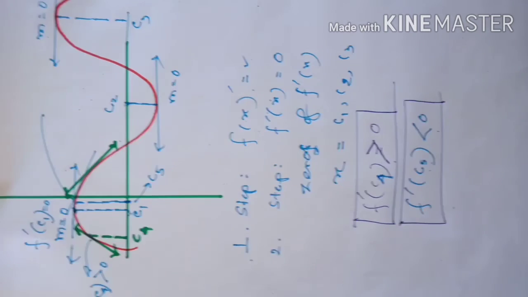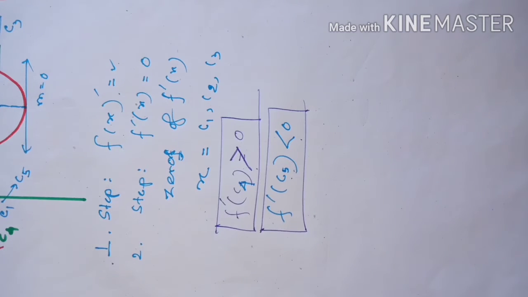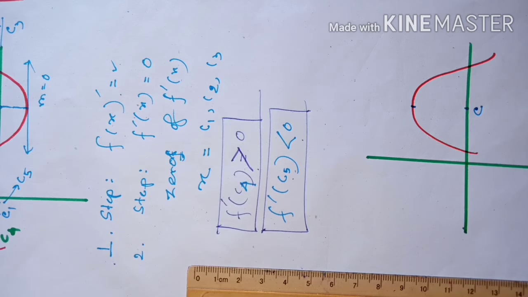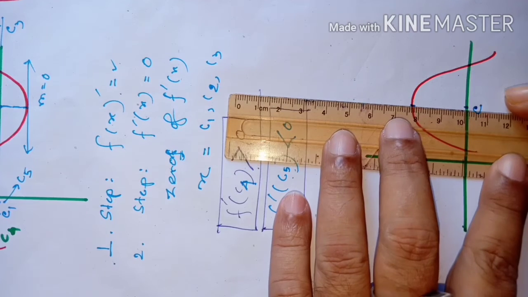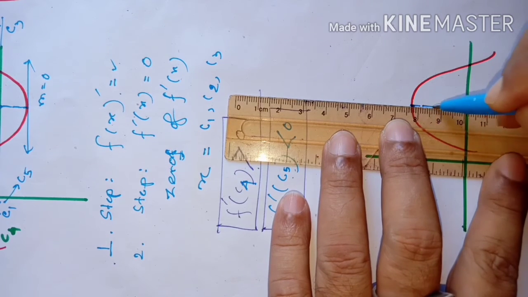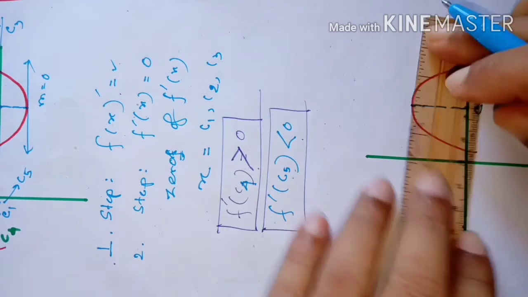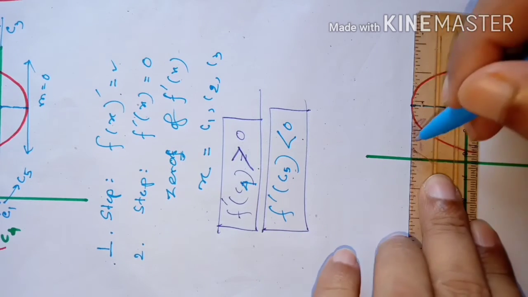Once again I am saying, just try to understand from this graph. Here C is a critical point, meaning a turning point. At C, the slope of the function is equal to 0.